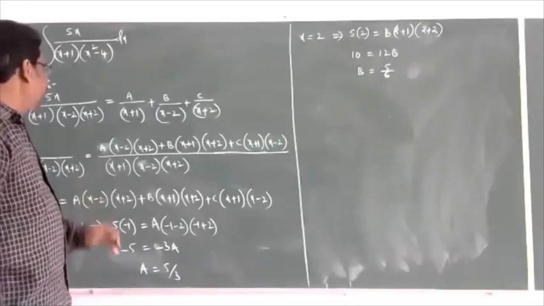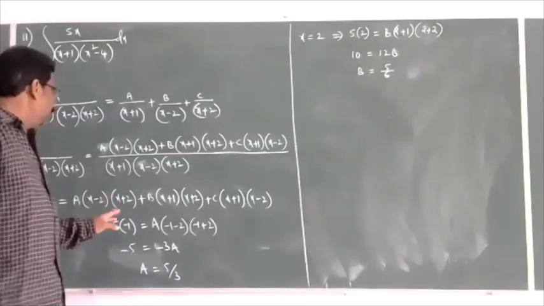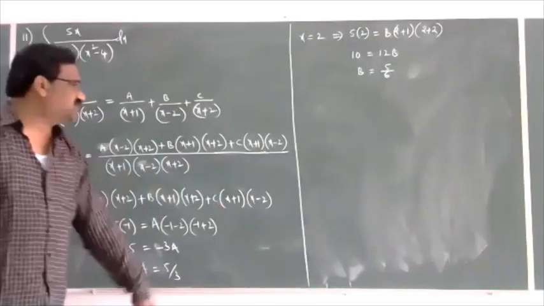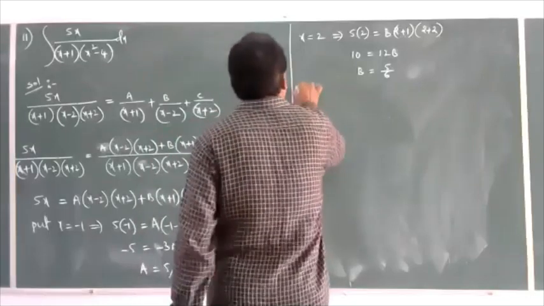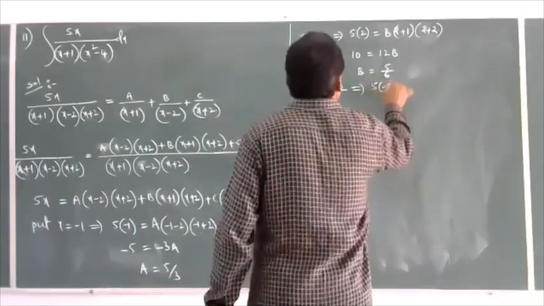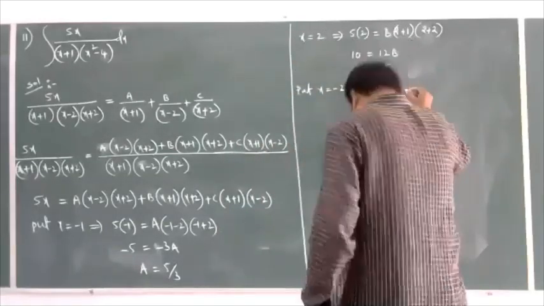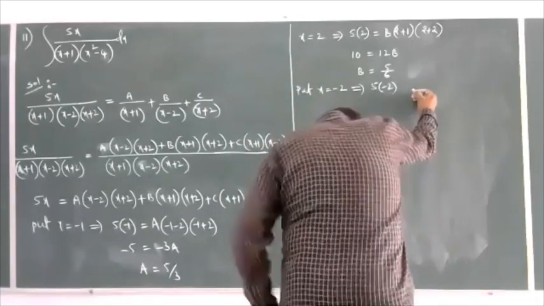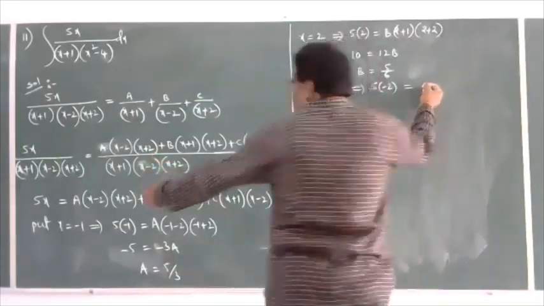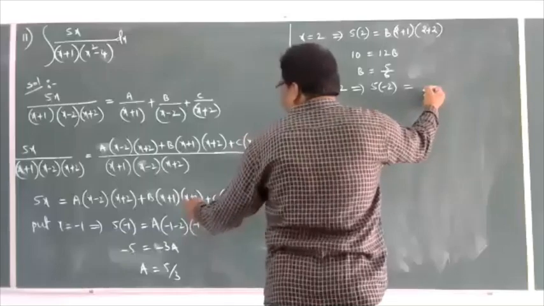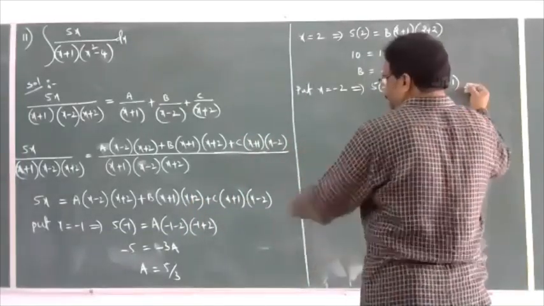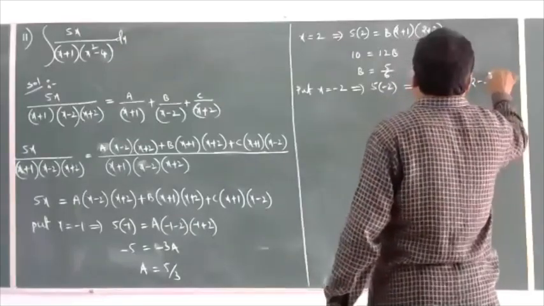So we want to find out C value. Put x is equal to minus 2. This term is 0 and this term also 0, and we get C value. That implies 5 into minus 2 is equal to, here x is minus 2, this is 0, that is C into (minus 2 plus 1) into (minus 2 minus 2).